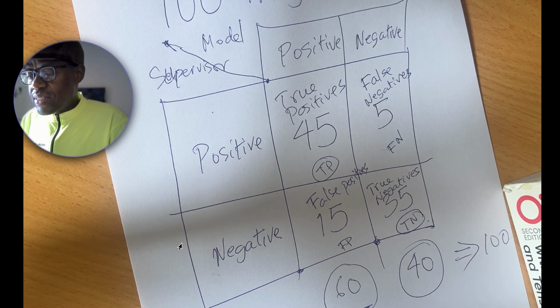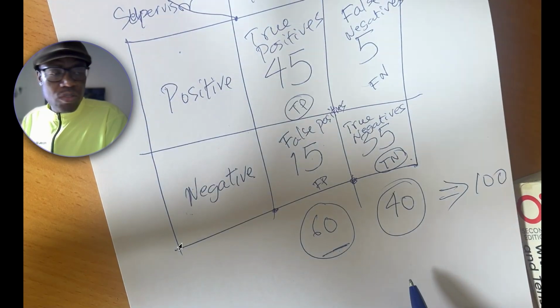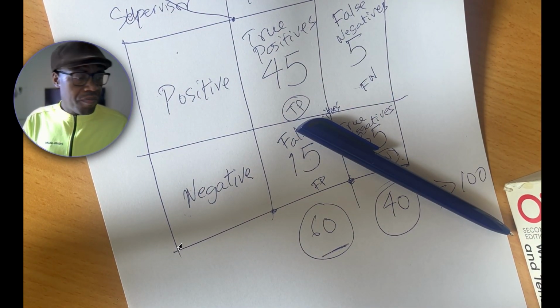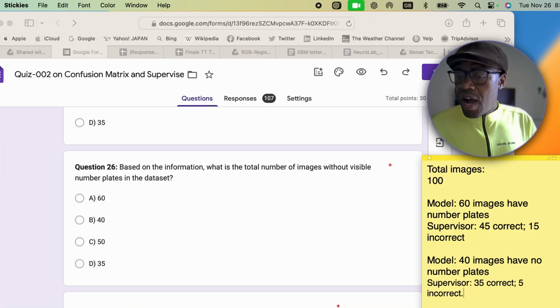Okay, let's come back to question number 26. We have to choose what's the total number of images without visible number plates in the dataset: 60, 40, 50, or 35.